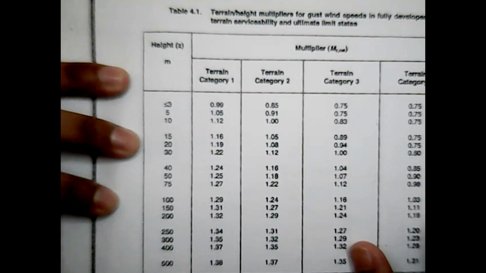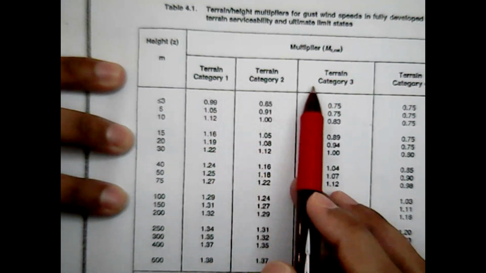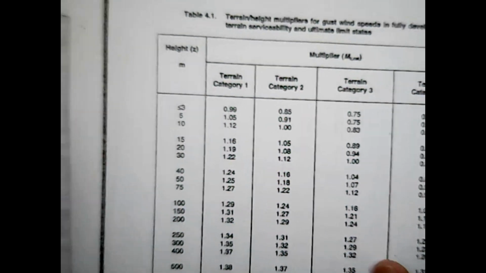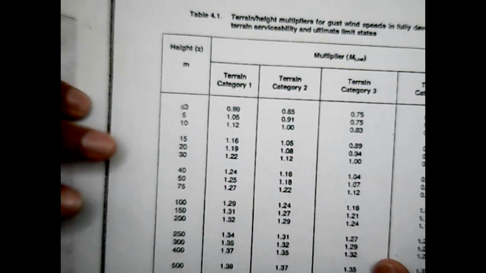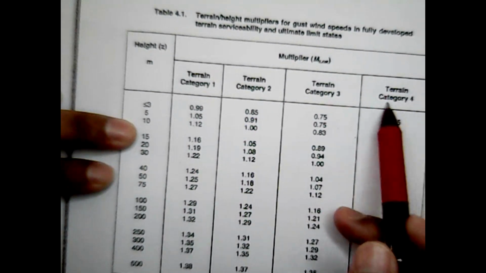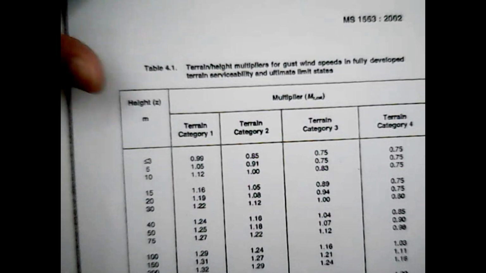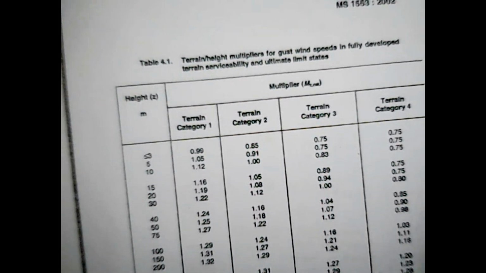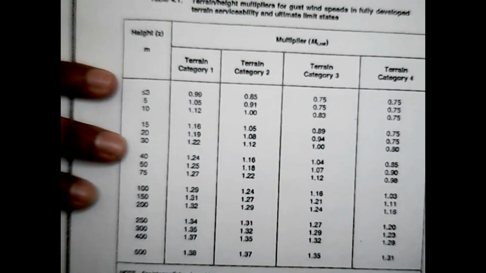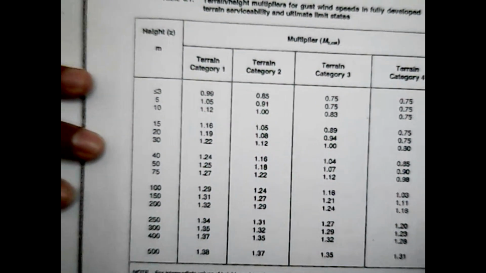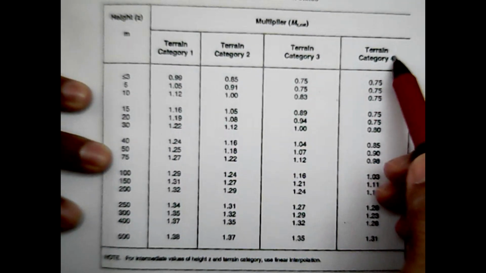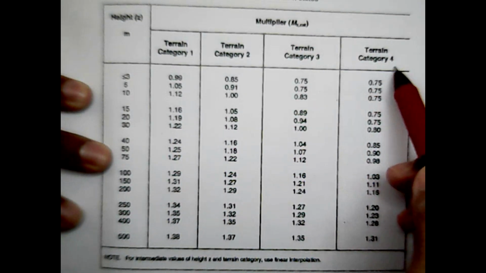From this table you can see which terrain category your structure is in. In your case, the terrain category is category 4, because in Ipoh itself there are a lot of buildings closely spaced to each other and the height is significant, so we choose Ipoh under terrain category 4.